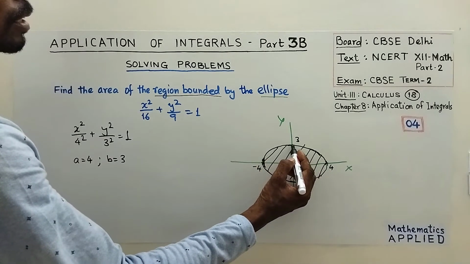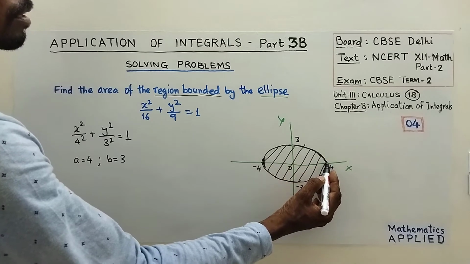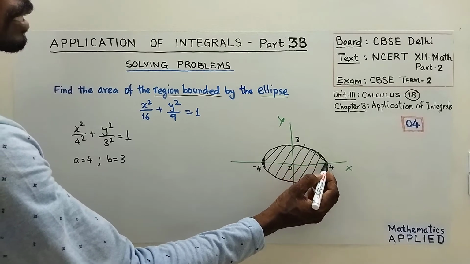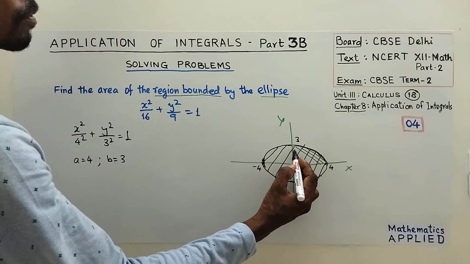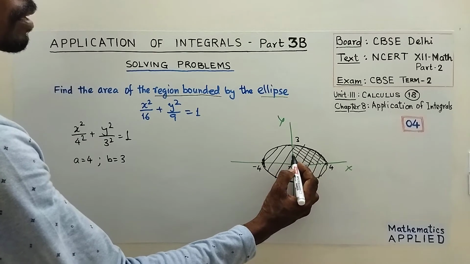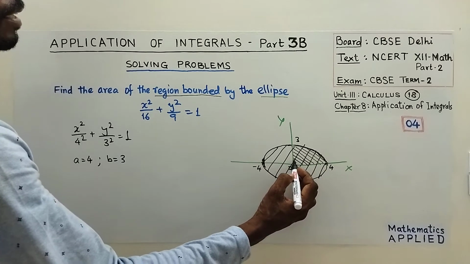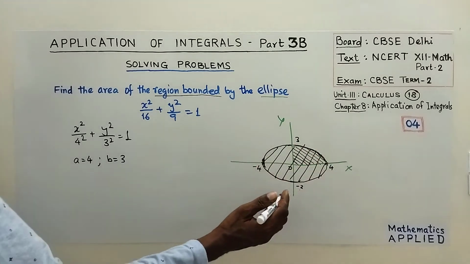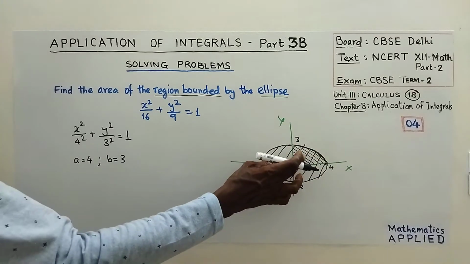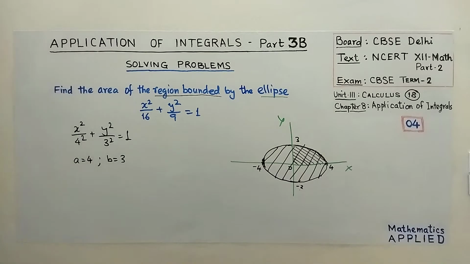Another way of doing it is to only take this part of the curve and integrate. So you will get the area of this region, 1/4 of the whole region. So this you can multiply by 4 and you can write.